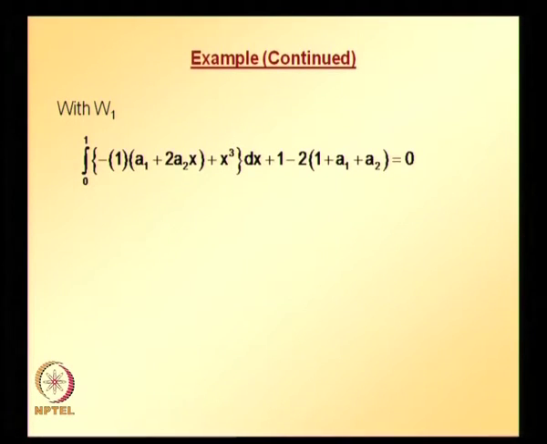I takes values 1 and 2 here because we need to determine two coefficients, a1 and a2. So this is the equation corresponding to i taking value 1, which can be simplified and results in this equation.